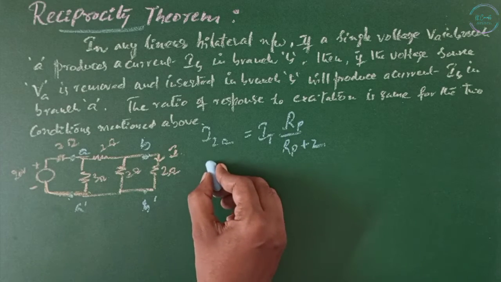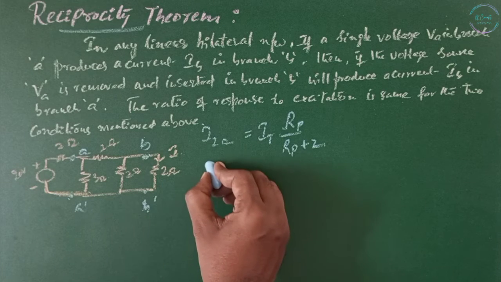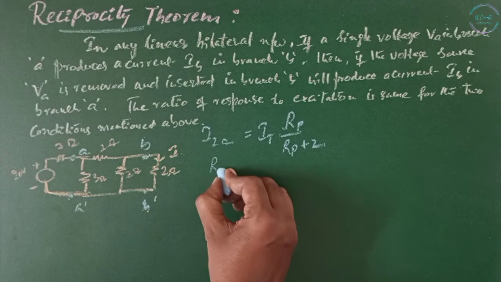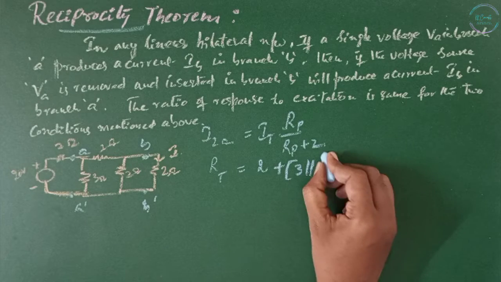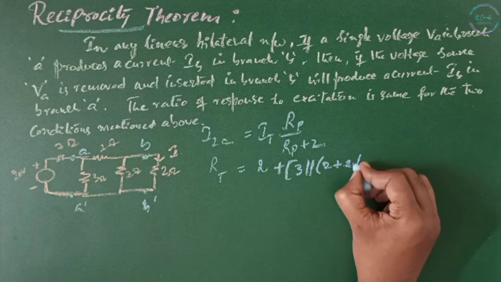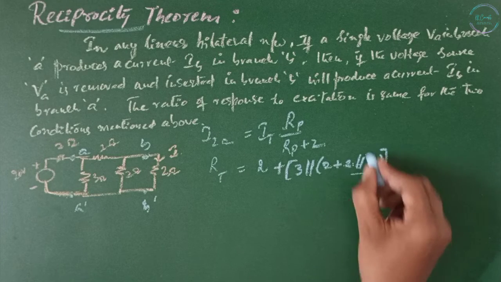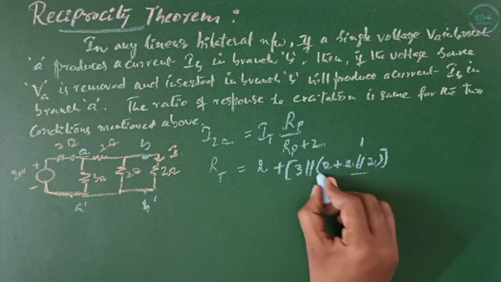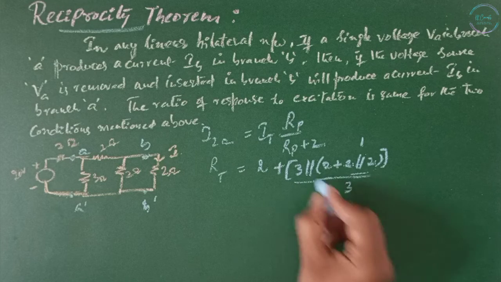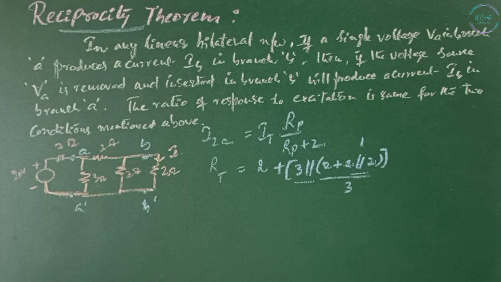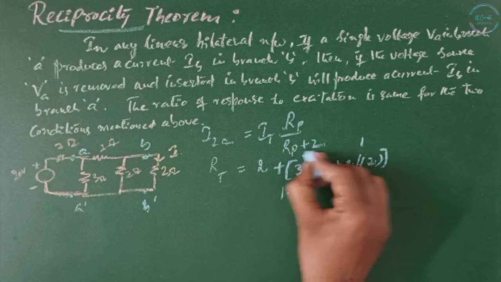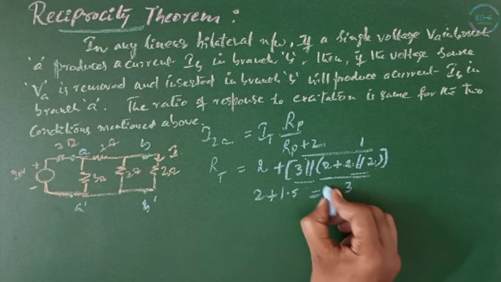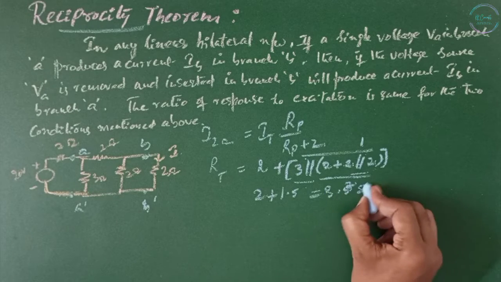To find the total current, first we need the total resistance. R total is given by 2 ohms plus 3 in parallel with 2 plus 2 in parallel with 2. This value is 1, so the total value is 3, and 3 in parallel gives 9 by 6, which is nothing but 3 by 2 plus 2. 3 by 2 is 1.5, plus 2, that is 3.5 ohms.